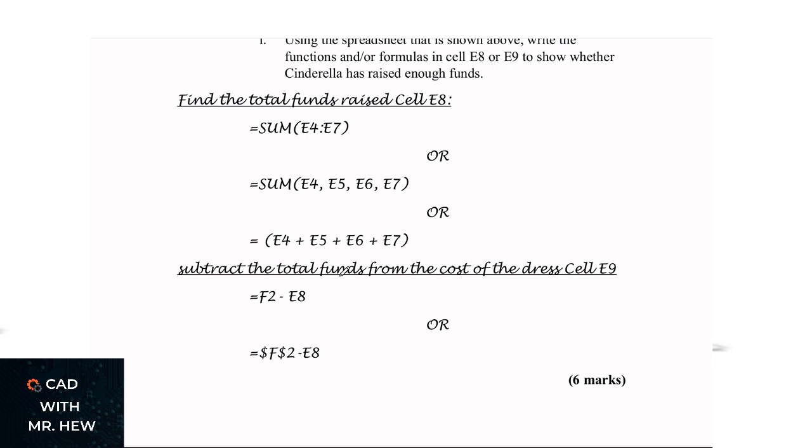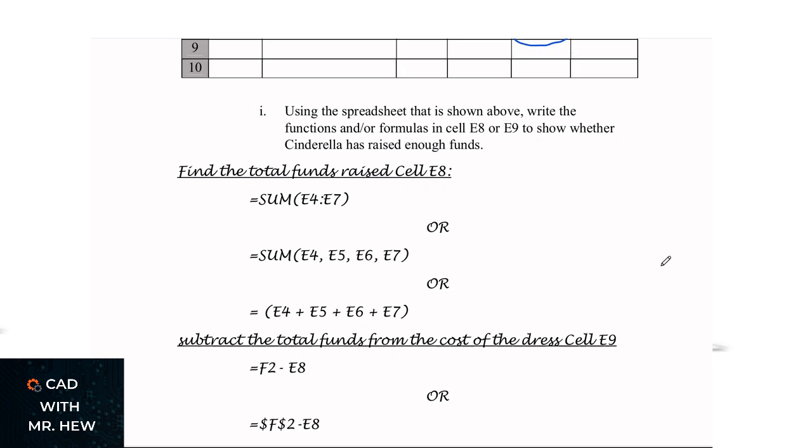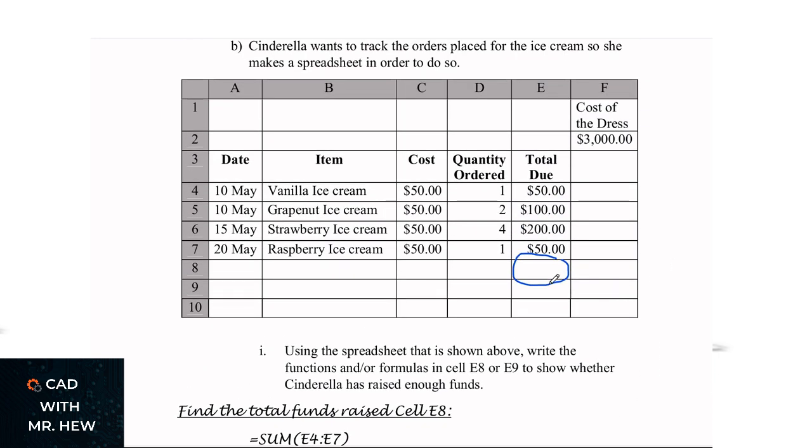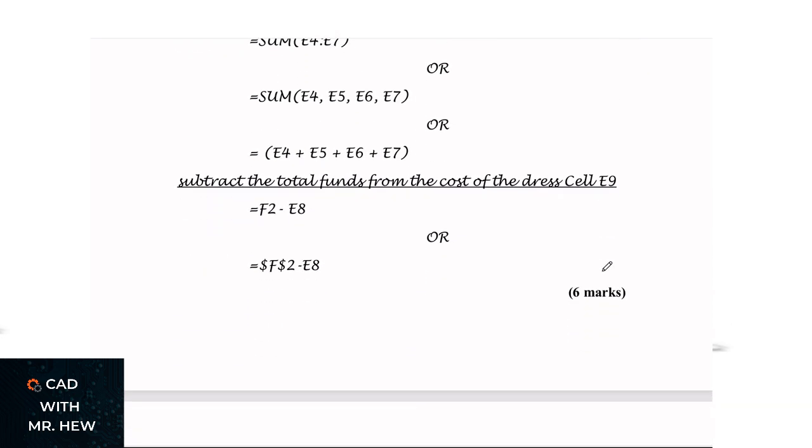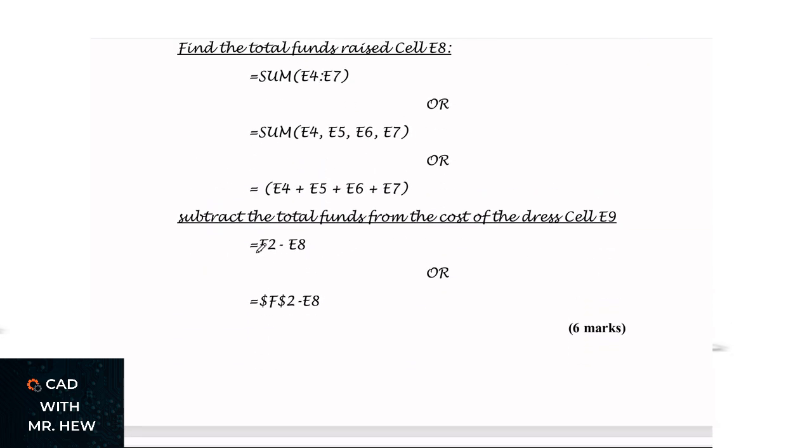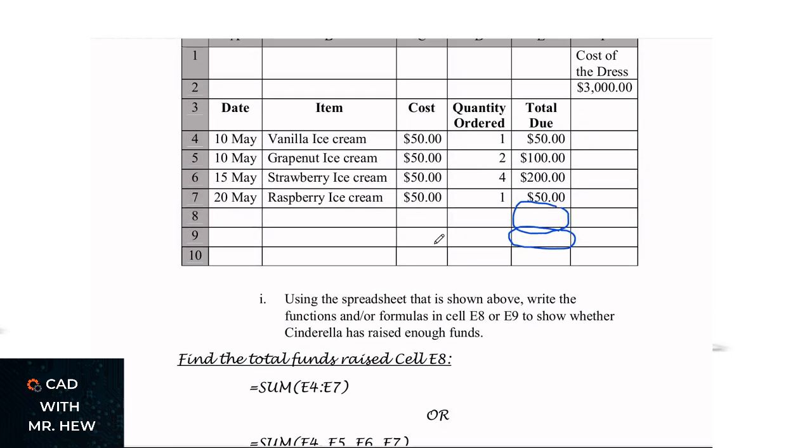To find out if she can buy the dress, this is a correct formula that would be required in cell E9, which should be this cell. All right, so let's come down here now. So the correct answer that should be typed in the cell E9 is equal F2 minus E8.